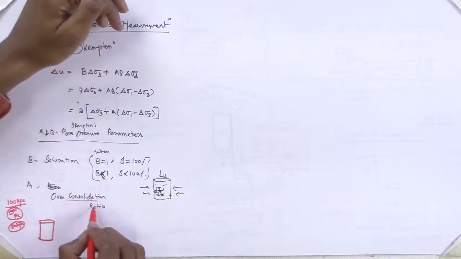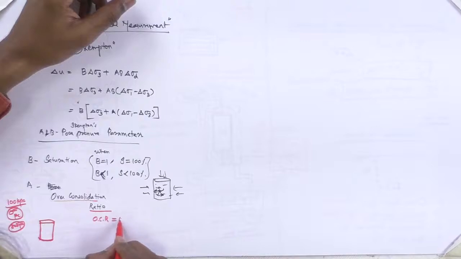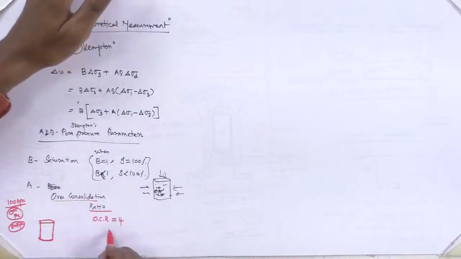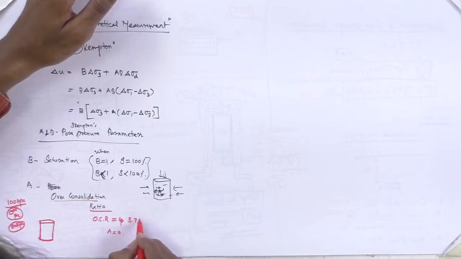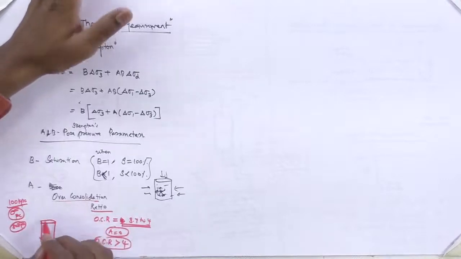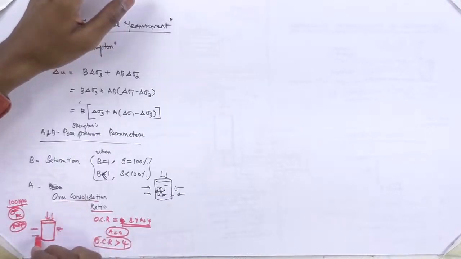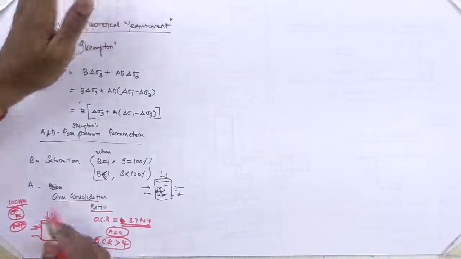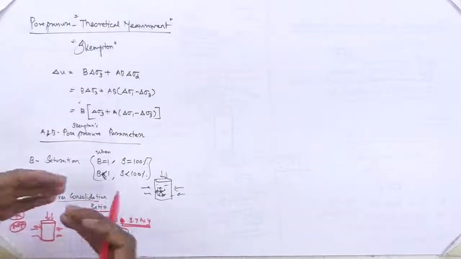So for an OCR value of, say, 4, your A is going to be 0. It is just around 3.724, around this value, so this A is going to be 0. If OCR is greater than 4, it is over consolidated, already consolidated. Once you apply the load in all directions, it won't compress anyway, because it is already compressed.